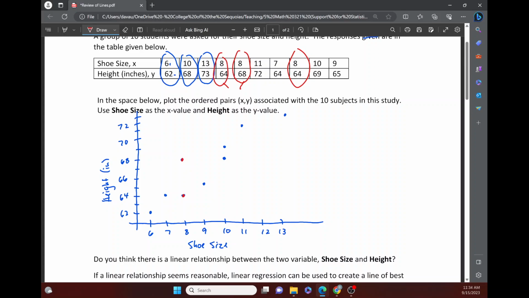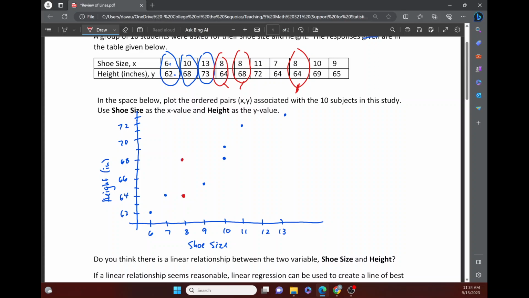But then we had an (8, 64) show up again over here. So there's no way to really indicate that. You could use different colors, I suppose, but that's not necessary, right? So we would just put that point on there once, and there's really no way to indicate that it occurs more than once. But this is the plot that you end up with.